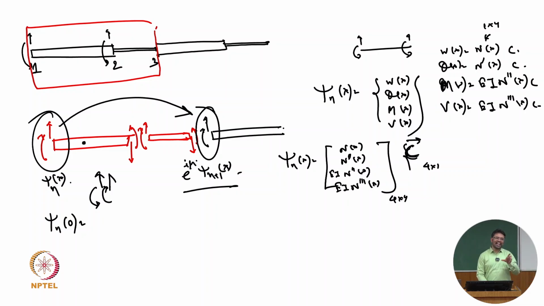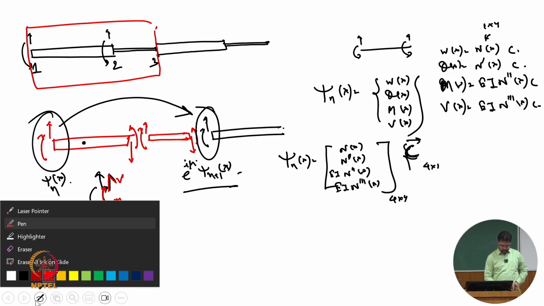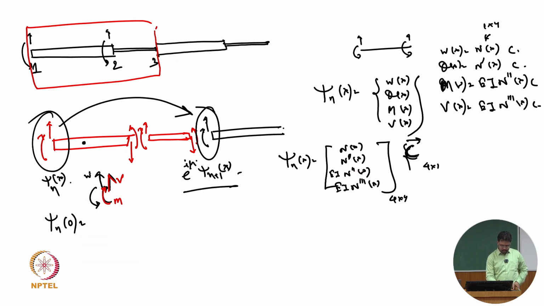That will naturally come. Or maybe I'll just draw the forces in red and displacements in black. So this is my V, this is my M, this is my W, this is my theta. So that is happening there.